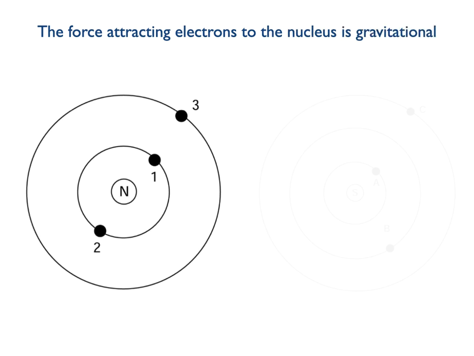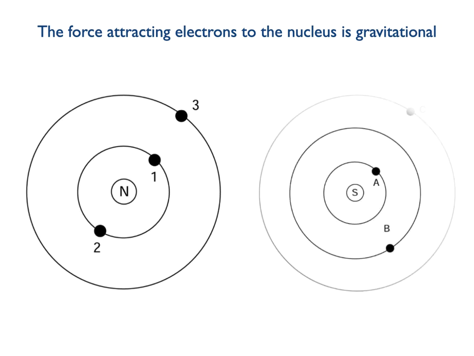Life for teachers would be more straightforward if all learners developed the same alternative conceptions. Other learners, when asked about the force holding the electrons in the atom, suggested this was gravitational. Although strictly there is such a force, it is minuscule compared with the electrical interaction. One likely source of this idea is a common notion, sometimes found in science books, that the atom is like a tiny solar system.